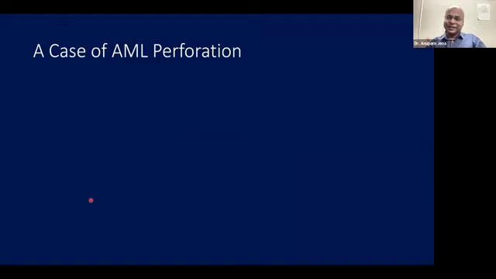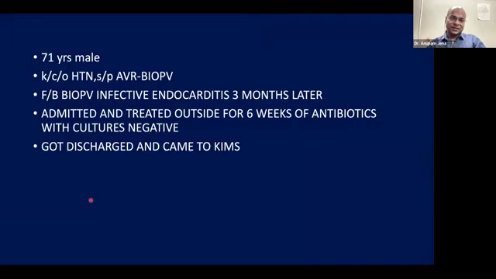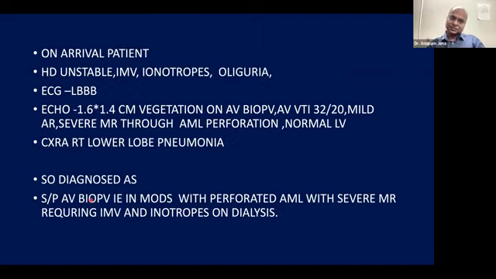So let's move to a little unusual case. A case of AML perforation. An elderly male underwent bioprosthetic AVR and 3 months later developed infective endocarditis, admitted and treated for 6 weeks with IV antibiotics. All cultures were negative. Got discharged, on request or something, I have forgotten that.